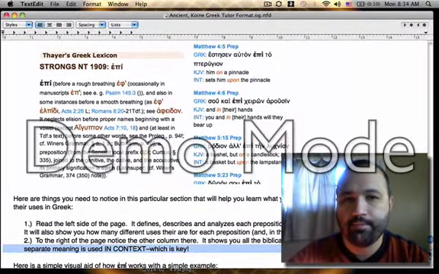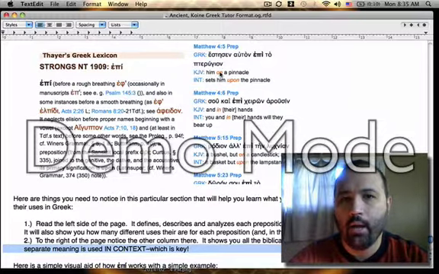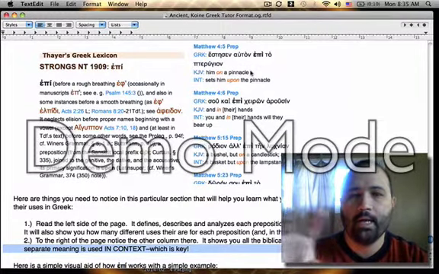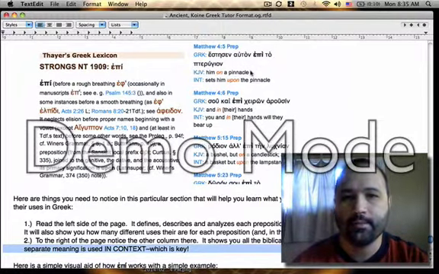So for example, Matthew 4:5. It's being used here: "estisen afton epi to pterigion." So he put him on a pinnacle. That's talking about when Satan tempted Jesus.